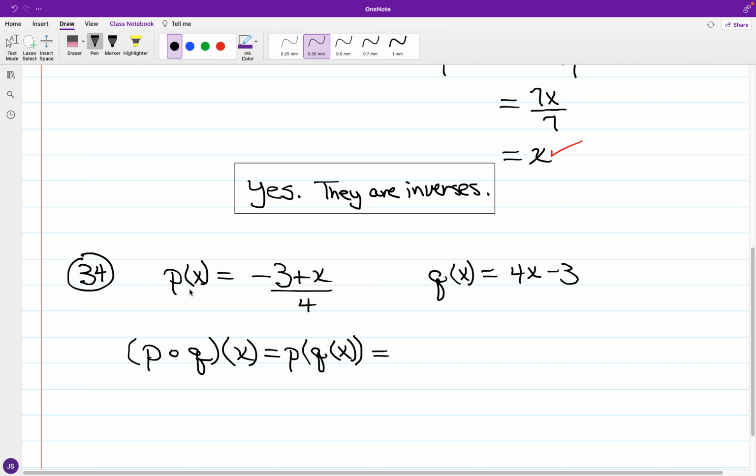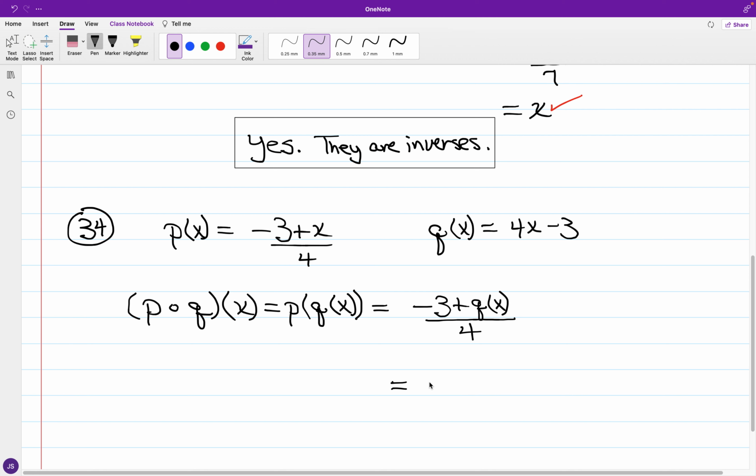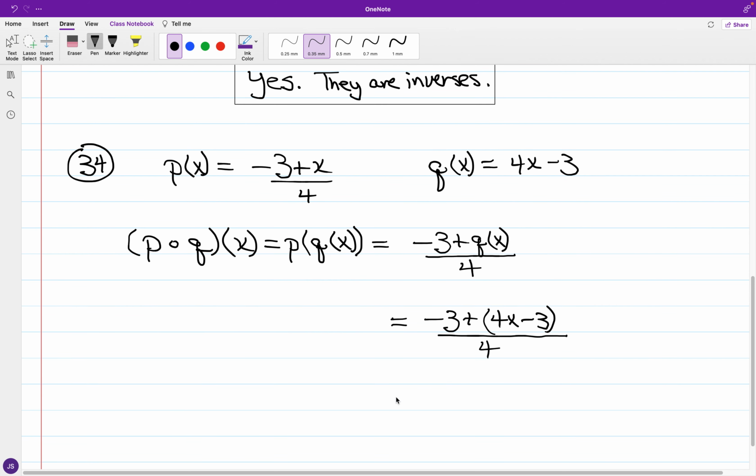The input is q of x, and if I operate in accordance with p of x, but with q of x in place of x, I'm going to have -3 plus q of x all over 4. Now for q of x, I have 4x minus 3.